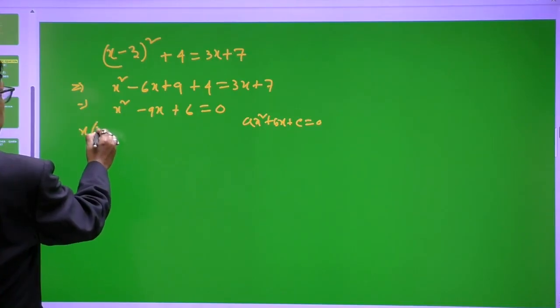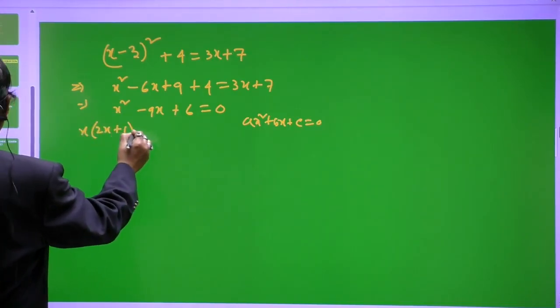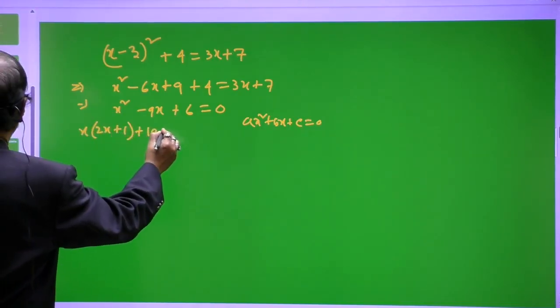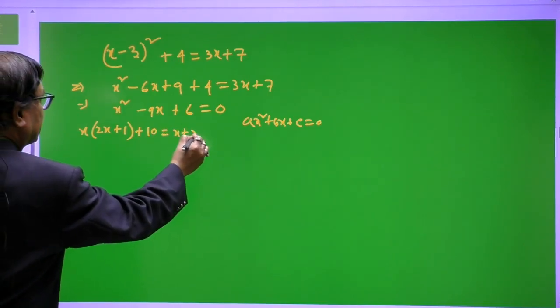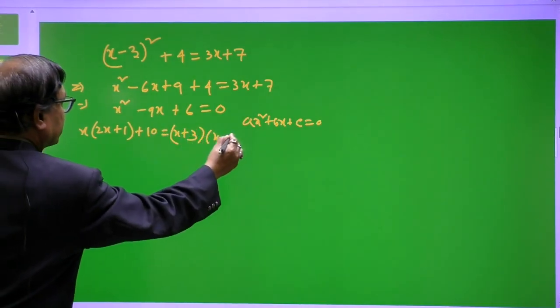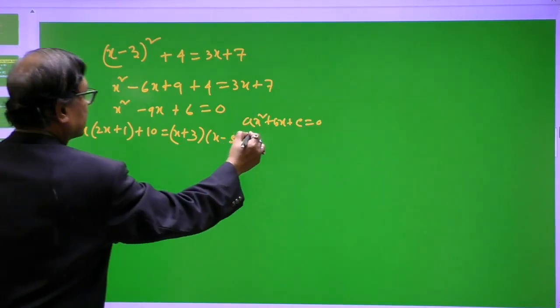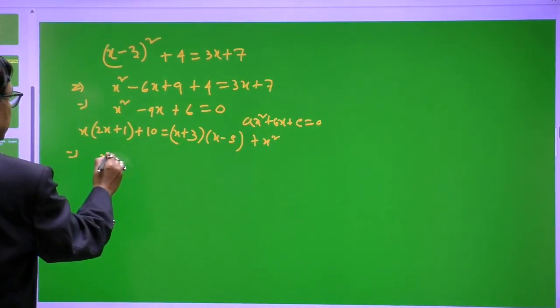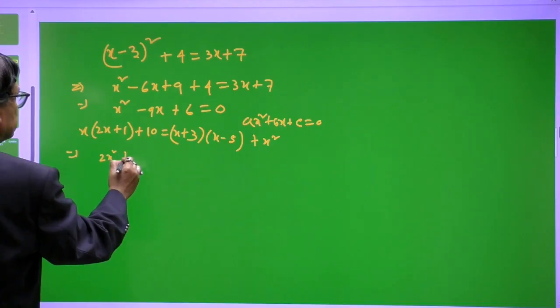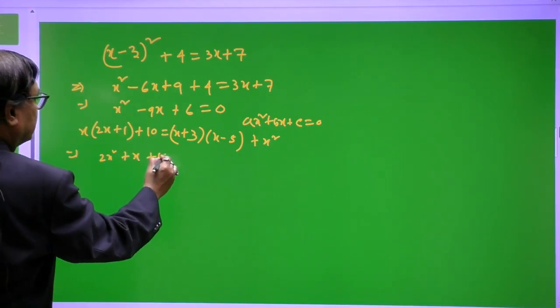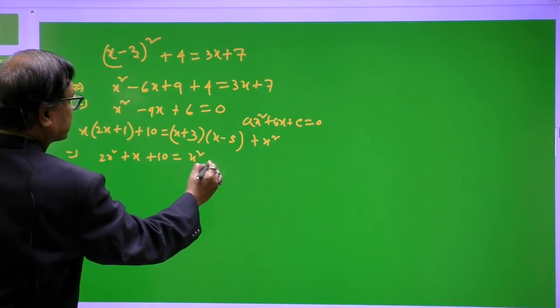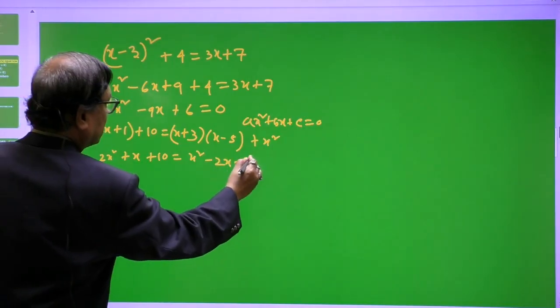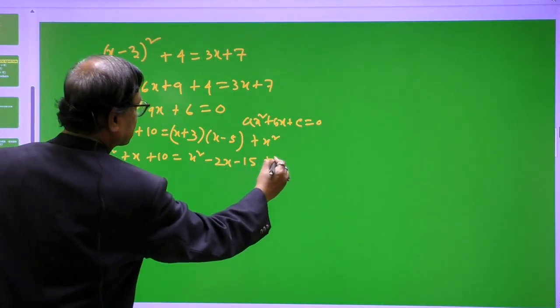x into 2x plus 1 plus 10 equals x plus 3 into x minus 5 plus x square. If you simplify, 2x square plus x plus 10 and here x square minus 2x minus 15 plus x square.